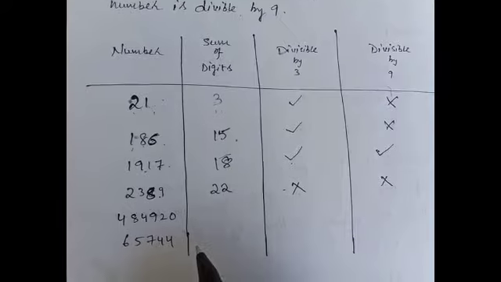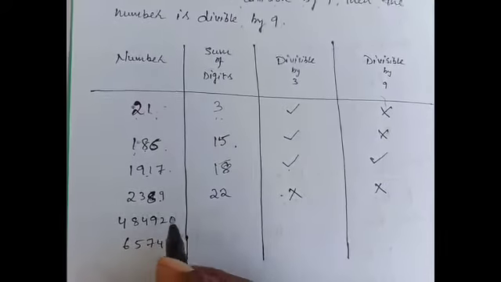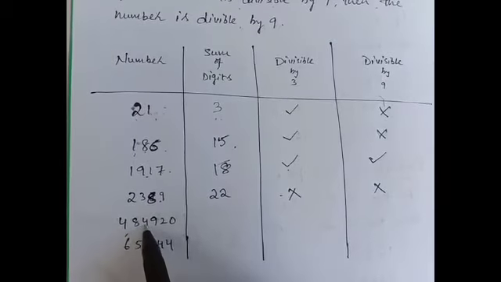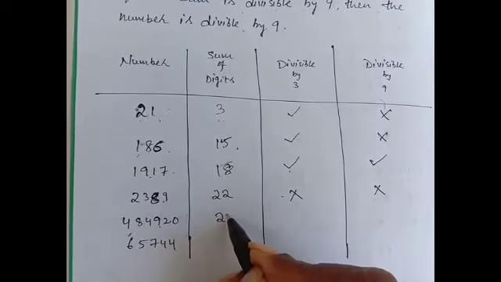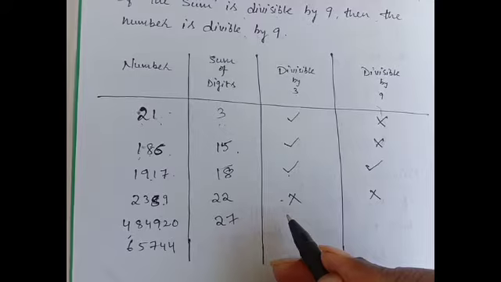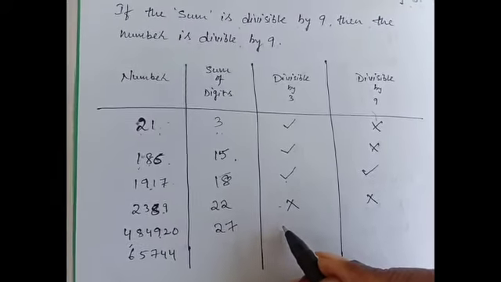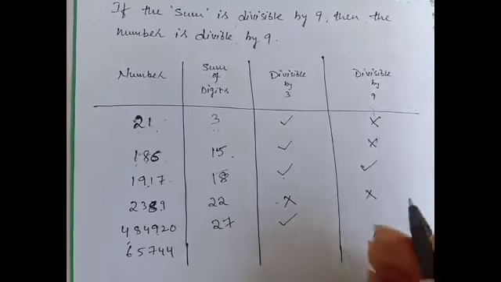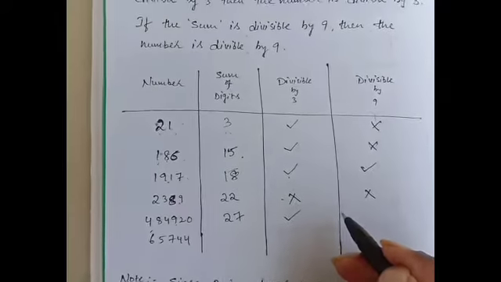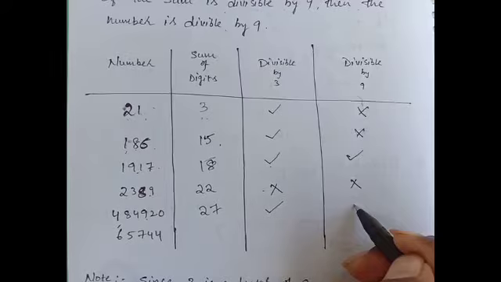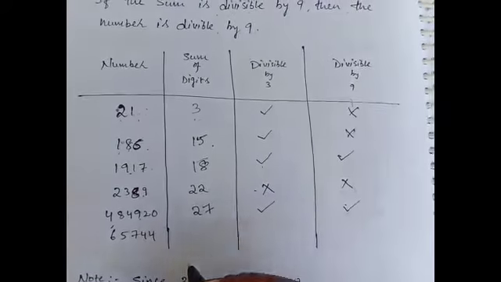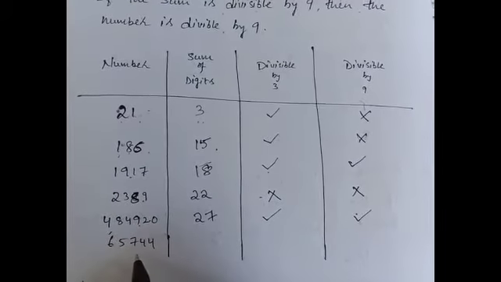The next number is 484920. The sum of the digits is 16, 18, 27. Hence 27 is divisible by 3, hence the number 484920 is divisible by 3. And same way 27 is divisible by 9, hence the number 484920 is also divisible by 9. The next number is 65744.